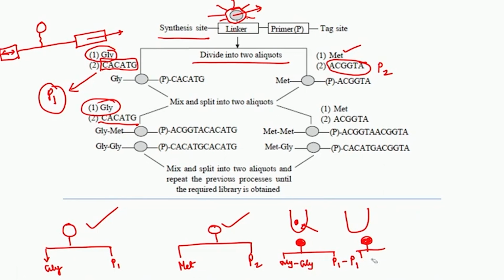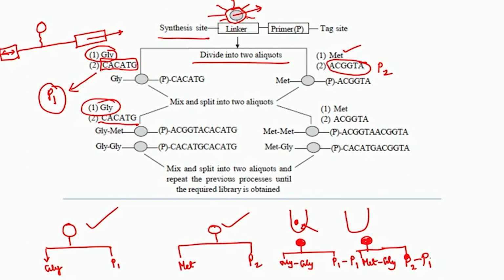So, I also have methionine here. So, methionine will be attached to glycine, and in the tagging side, that means my P1 P2 side, what I will have here now, sorry, P2, because whenever I had methionine I had P2 there, and then P2 will be attached to P1. So, this is the scenario.